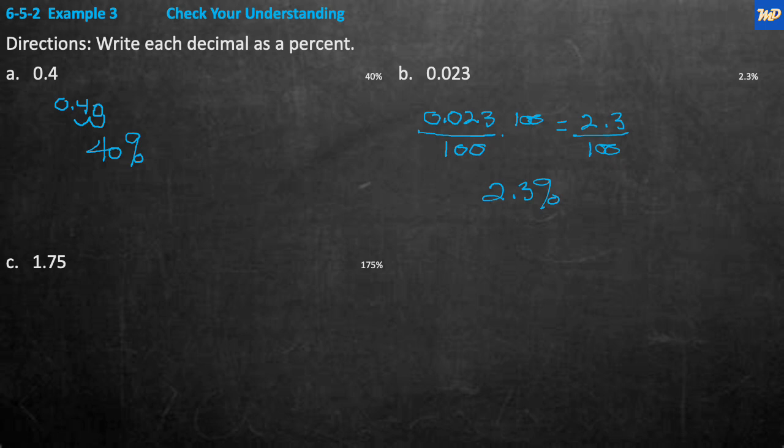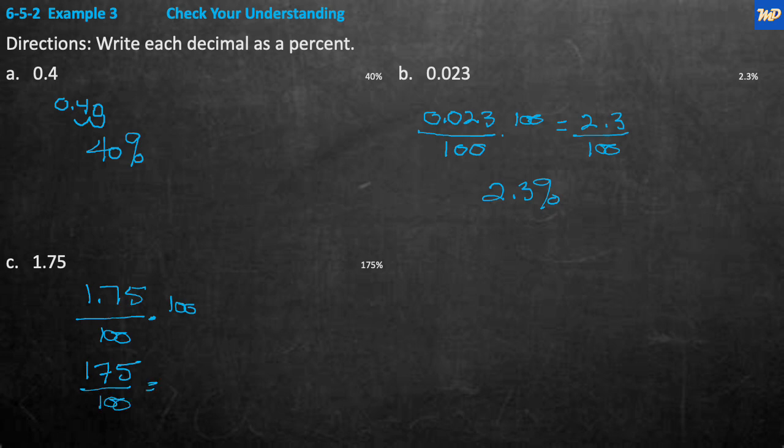Let's try this one. 1.75. We can do either one of choice here. Let's go ahead and do method 1, which is we're going to write 1.75 over 100 times 100, because you can multiply the top and the bottom without disturbing this number. And when we do that, this 100 is going to multiply this, so it's going to end up being 175 over 100.